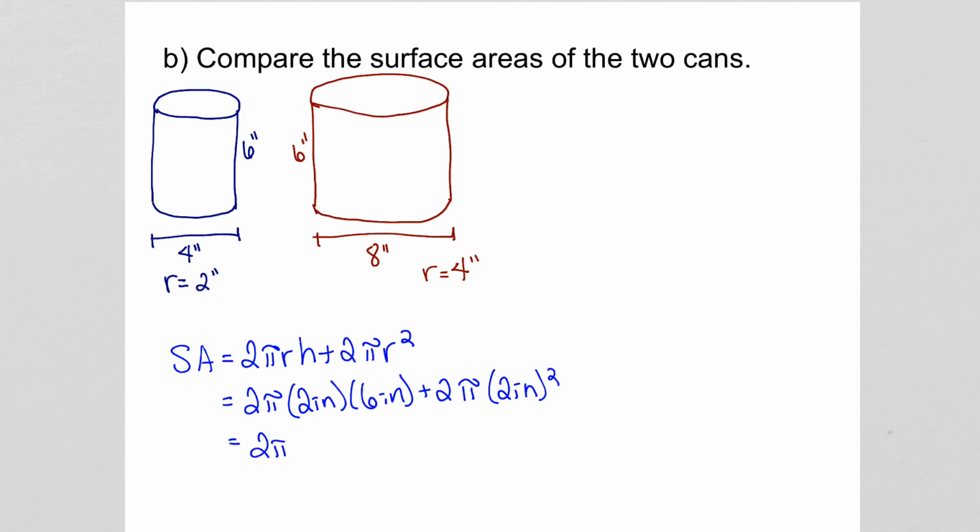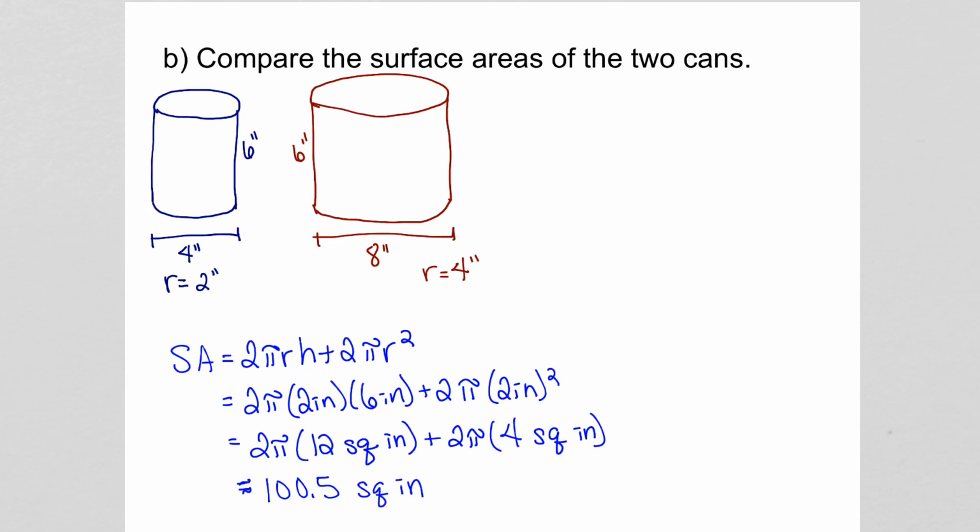So that'll be 2 pi times 12 square inches plus 2 pi times 4 square inches, gives us about 100.5 square inches.